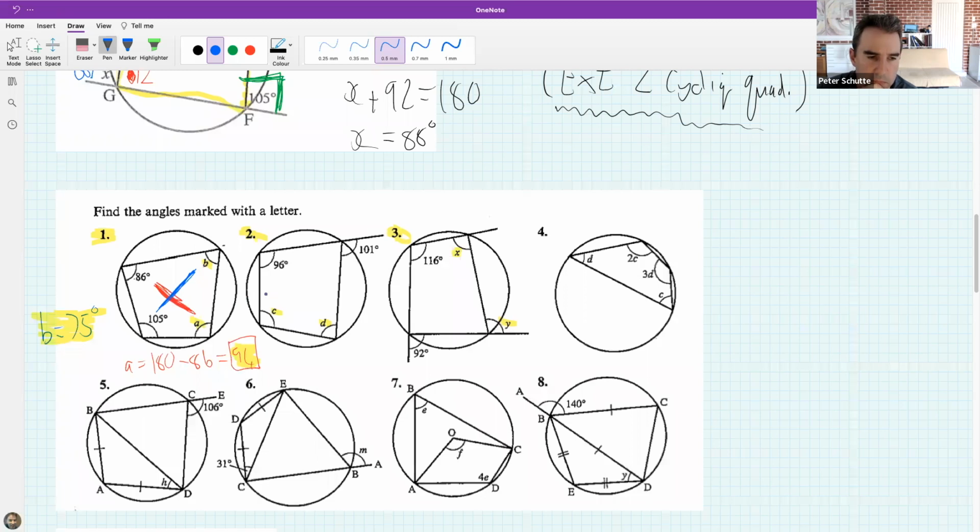C should be 101 degrees because it's the exterior angle equals the interior opposite. What about D? D looks like it's paired up with this one over here. These guys are interior opposite angles.